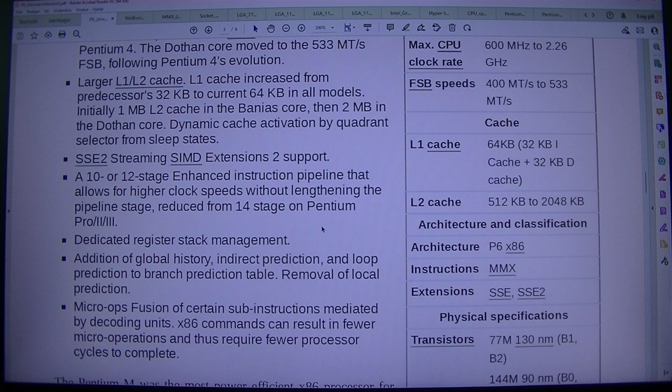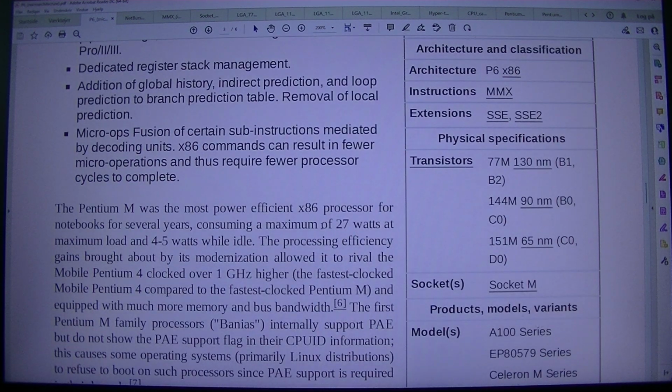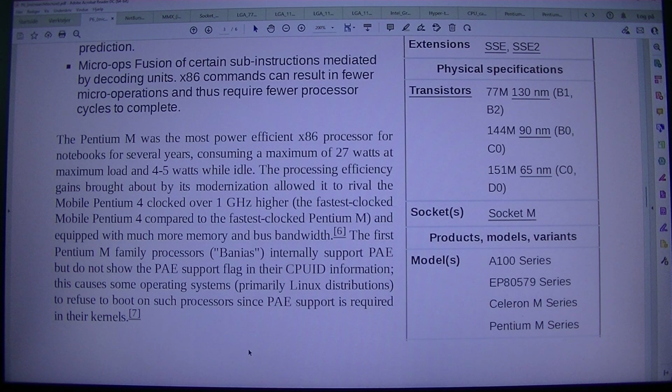Architecture and classification: architecture P6, instructions x86, extensions MMX, SSE2. Physical specifications: transistors 77M, 130 nm, B1, B2.